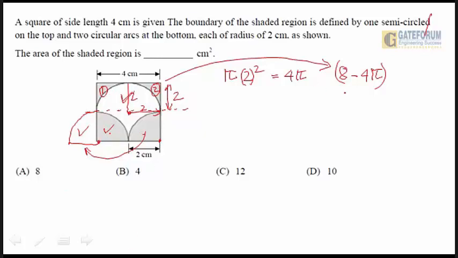So you have subtracted the area of the semicircle, and now we will be adding it back. So they will cancel, and the result would be 8. So 8 square centimeter is the area of the shaded region. This is the correct option. Let's move on to the next. So the first session is finished.